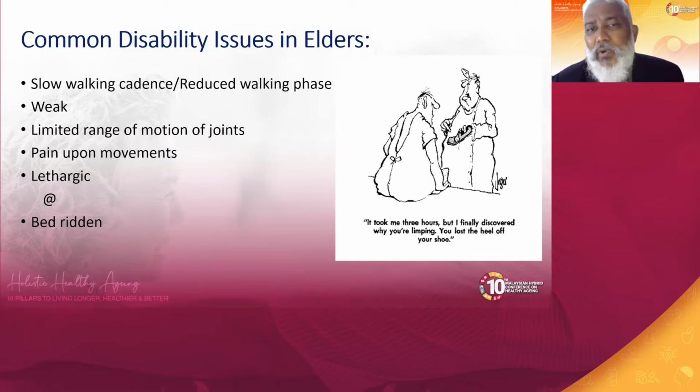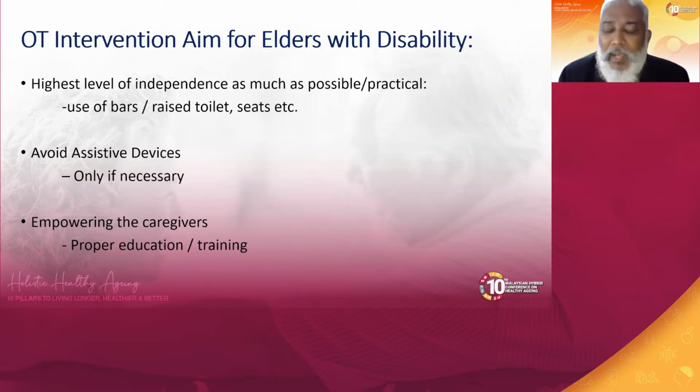These are the main issues in elders that make it difficult to use facilities in the environment. When we talk about environment, it's mostly the house that we live in.